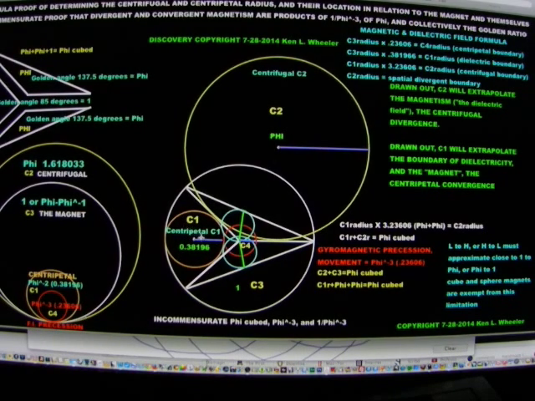And you take your C1 radius, whatever that is, say it's 1, it doesn't make any difference. You take the radius of C1, extrapolated from C3, which is your physical magnet, and multiply that times 3.23606, which is phi plus phi, and you end up with your C2 radius of your field. So that's where your C2 radius is right here.